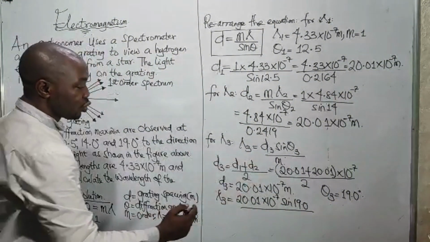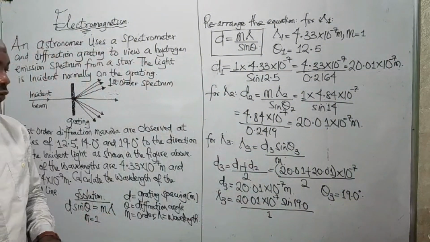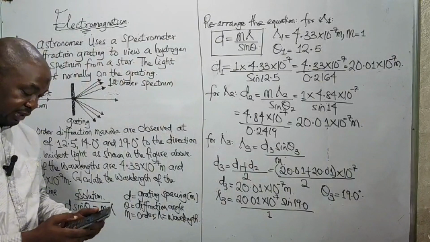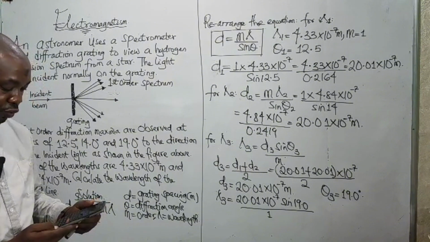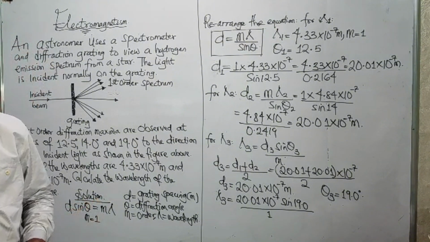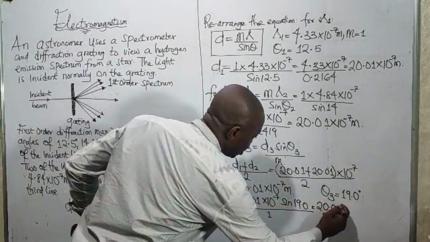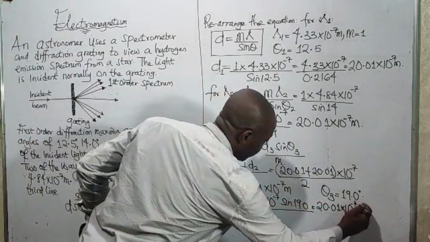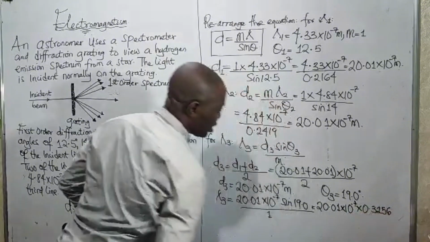the order. So the order is 1. Okay, so let's get the value for sine 19. Sine 19 is 0.32556, about 0.3256. So we have 20.01 times 10 raised to the power of minus 7 times 0.3256.